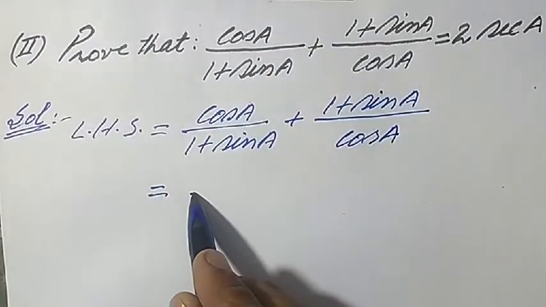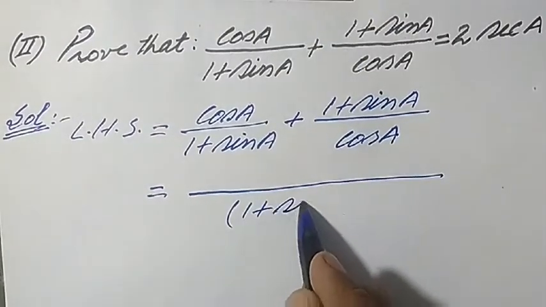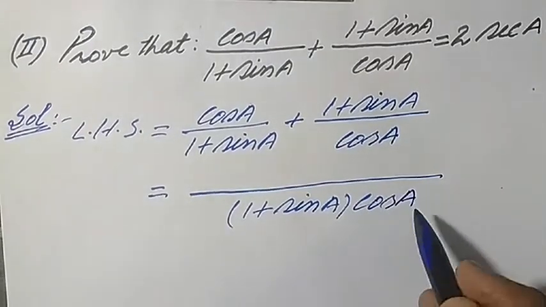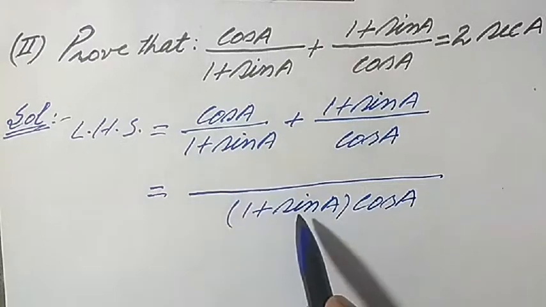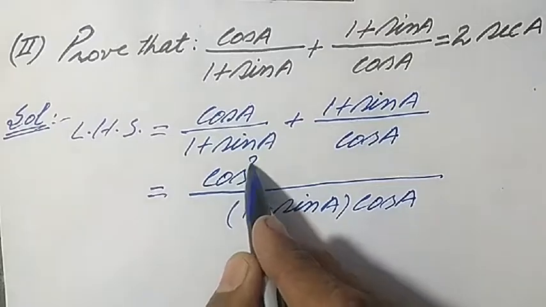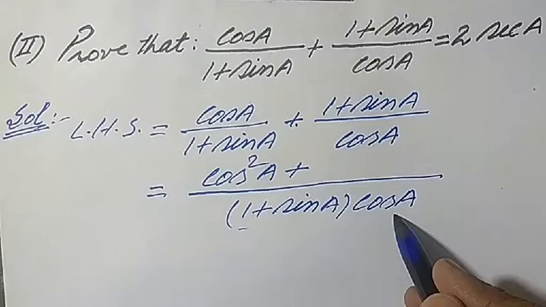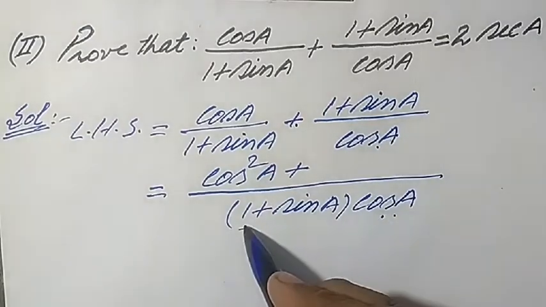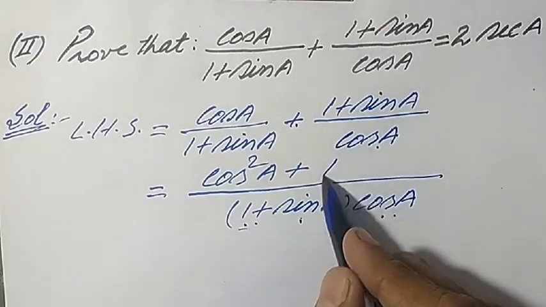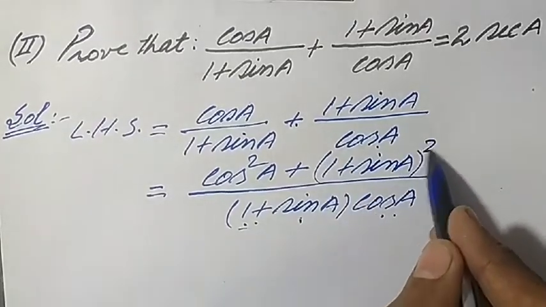Now taking LCM, we get in denominator (1 plus sine A) into cos A. So dividing LCM by (1 plus sine A), we get cos A will multiply cos A, and we get cos square A, plus then we divide this LCM by cos A, and we get (1 plus sine A) that will multiply (1 plus sine A), so we get (1 plus sine A) whole square.